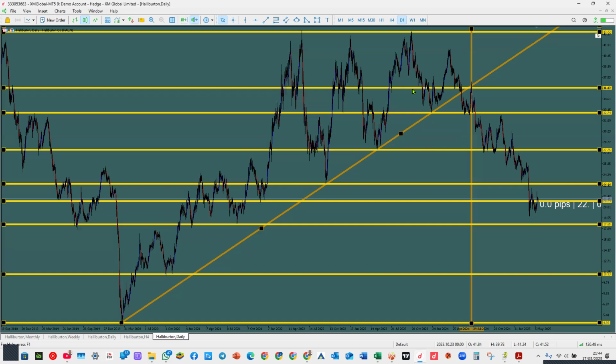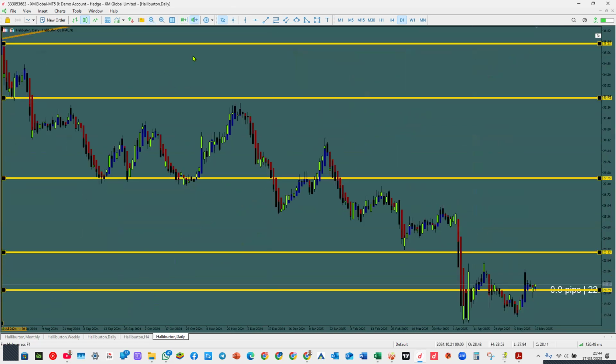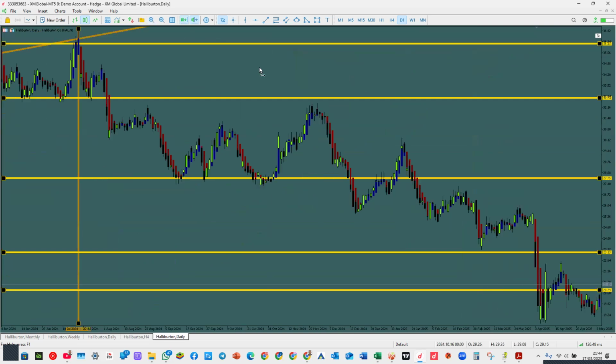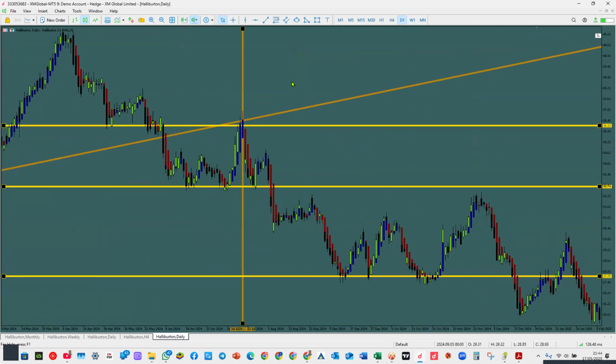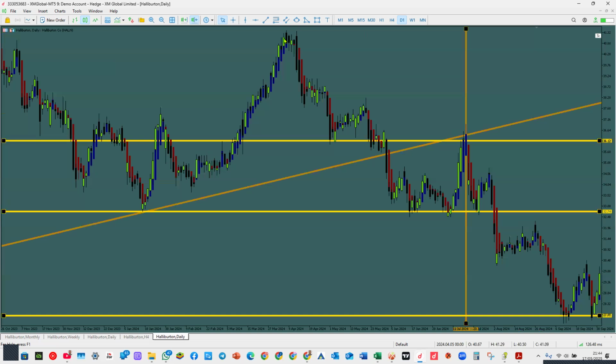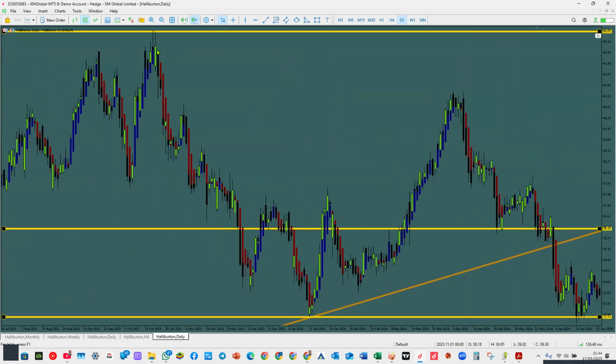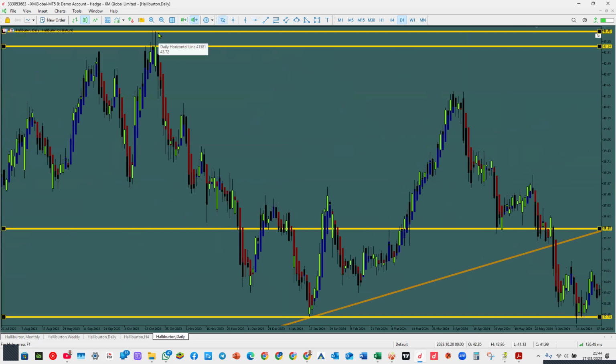This movement that you are seeing here came all the way from this top here. The same way the daily chart started from here, 1 minute started from there, 5 minutes, 10 minutes, 15 minutes, 30 minutes, 1 hour, 4 hours.